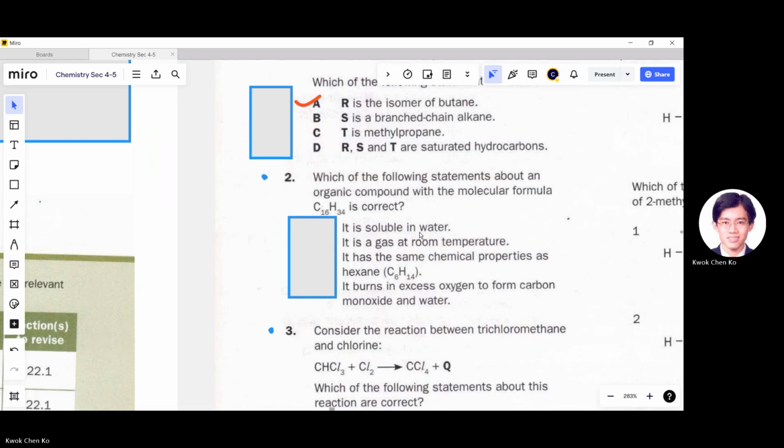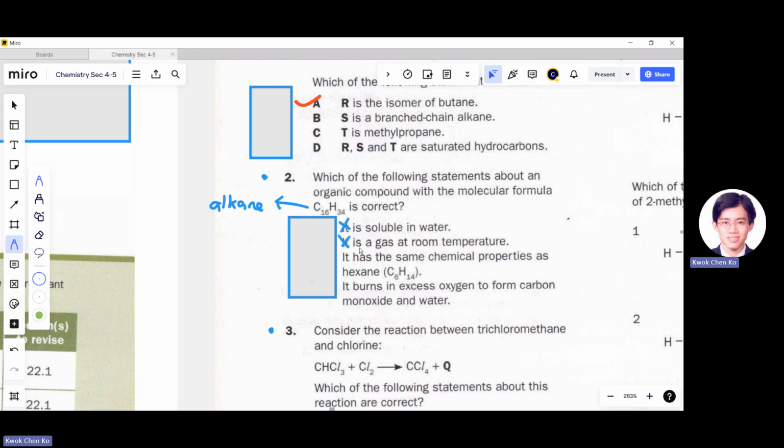Number 2. D. First thing first, do you recognize this formula is an alkane? Yes, good. Is it soluble in water? No. Is it a gas?